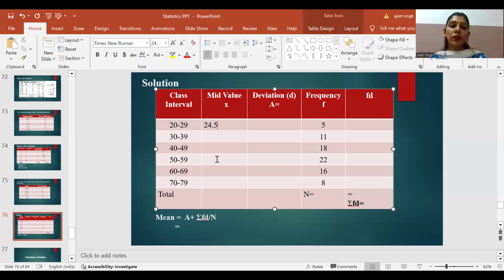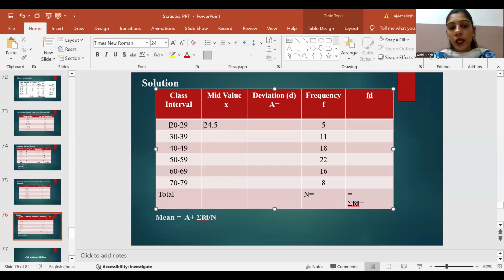When we add the upper limit and lower limit and the sum comes out odd, then when we divide it by 2, the answer will come in decimal points.